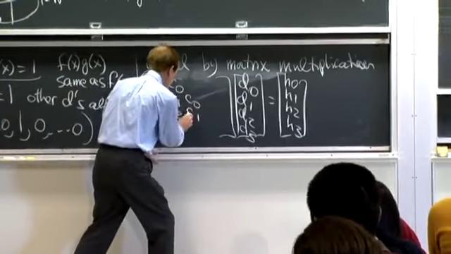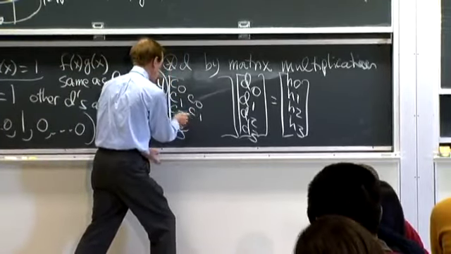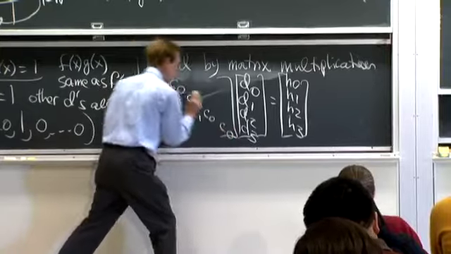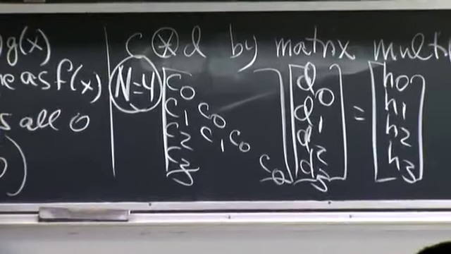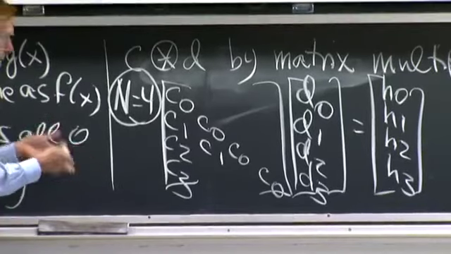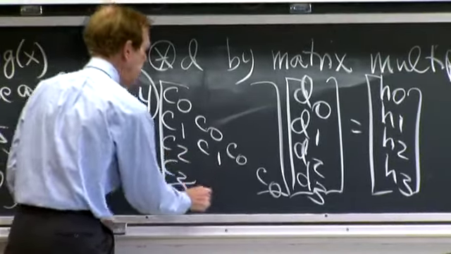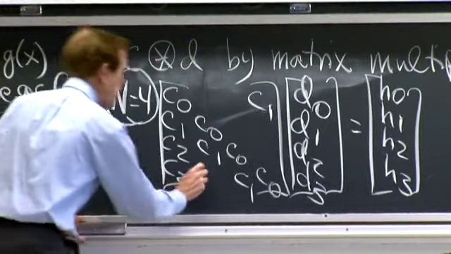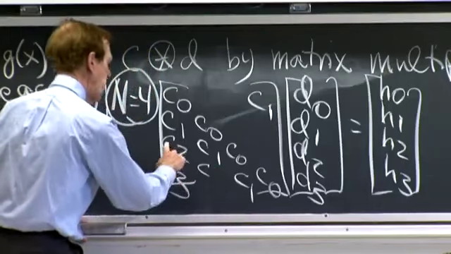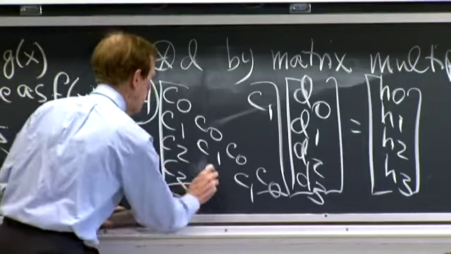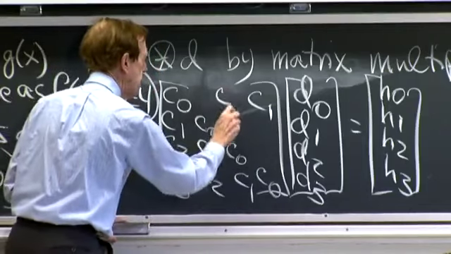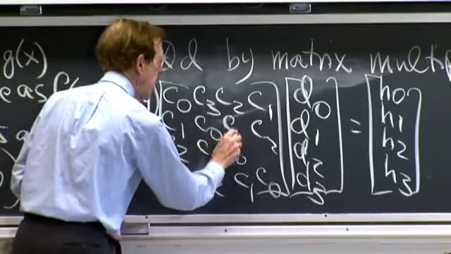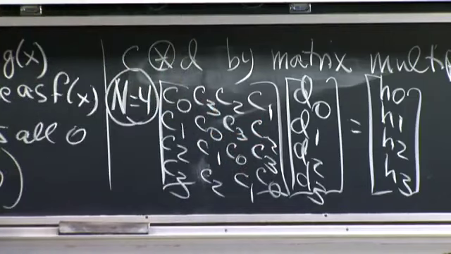Let me finish it up. It's going to be 4 by 4, it's going to be cyclic, so I have C0, C0, C0, C0 on the diagonal. That's because z to the 0 is multiplying all the D's and leaving them in place. And then I have C1s, and then I come around again for a C1, and C2s, and C3 comes around to a C3, a C3, and a C3.